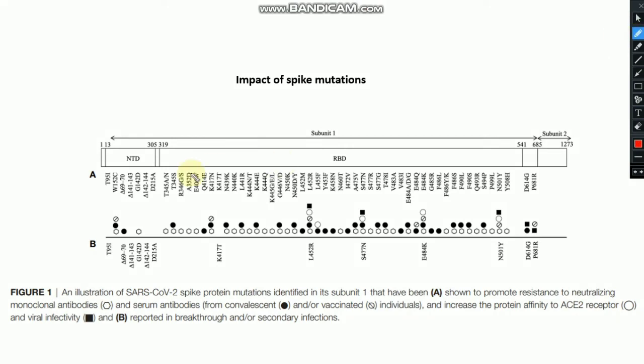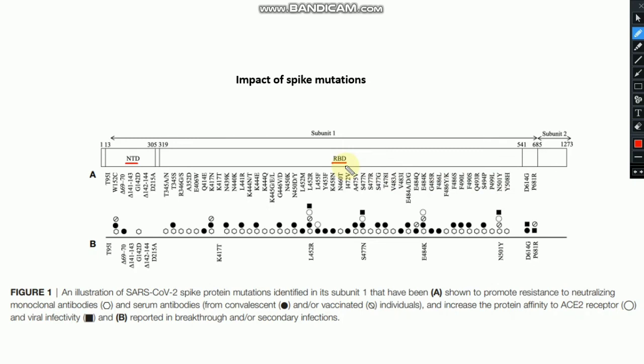So as you see in this figure, this is the NTD, the N-terminal domain, this is the RBD domain, and this is subunit 2. So this is subunit 1 and subunit 2. This is the receptor binding domain and the N-terminal domain, right? Here, as you see, these mutations are observed in the NTD part, and a lot of mutations are also observed in the RBD part.